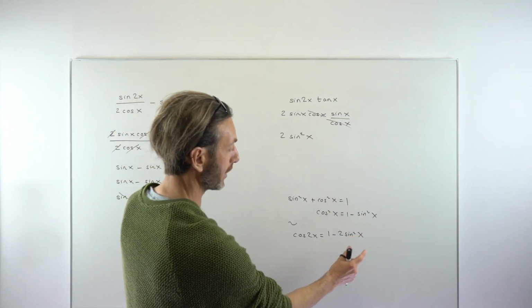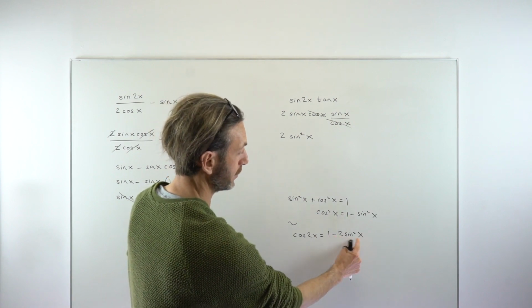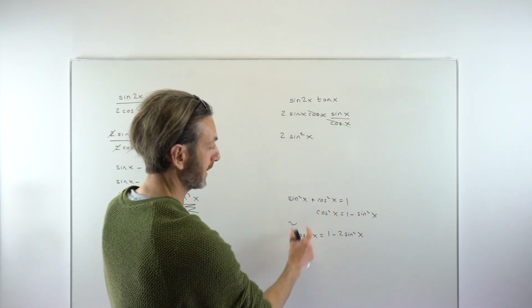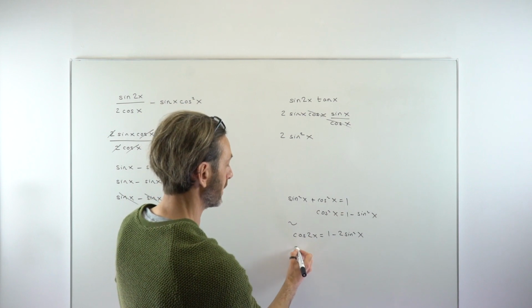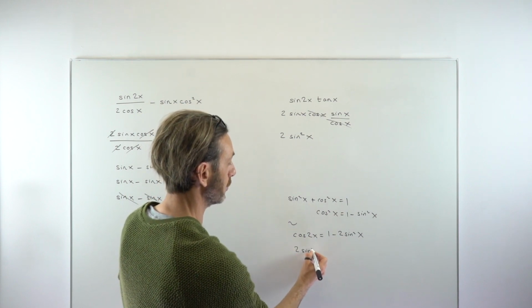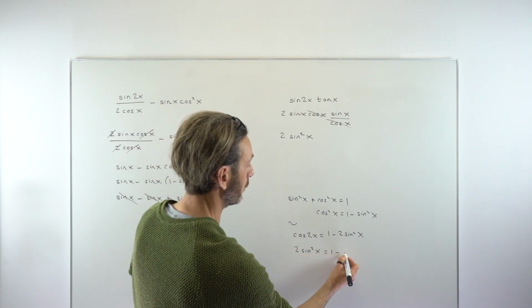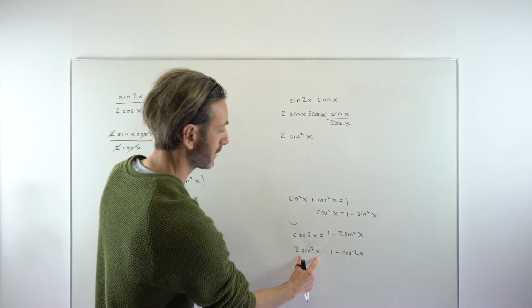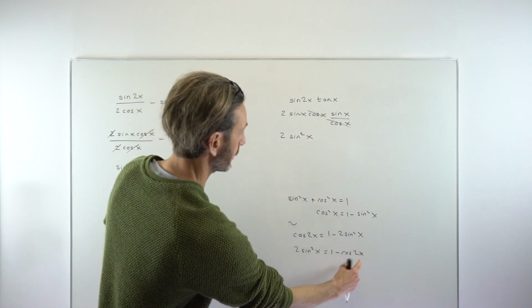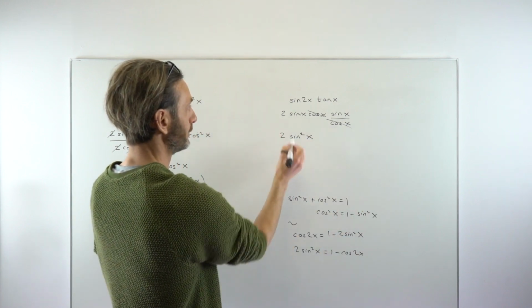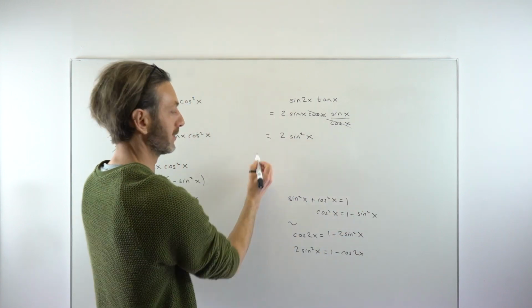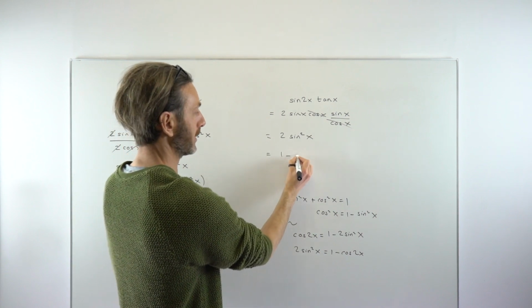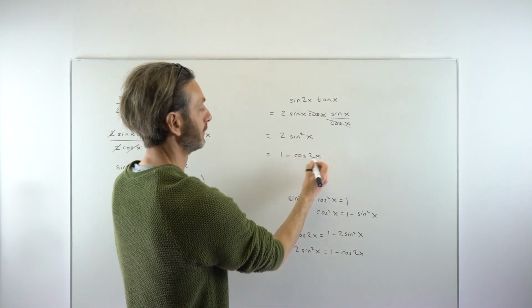If you rearrange that by taking the negative 2 sine squared term to this side and taking the cos 2x to that side, you would end up with positive 2 sine squared x equals 1 minus cos 2x. Meaning we can then just take this, which is here, and replace it with that guy there. So that's going to give us 1 minus cos 2x. And that's the final form.